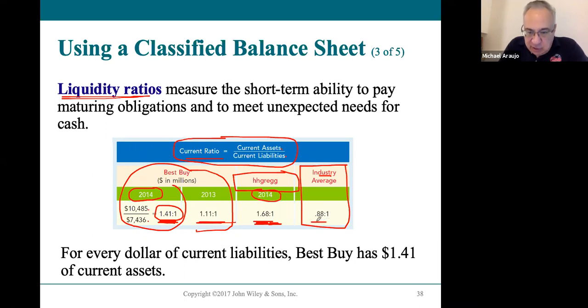Well, it's not good, because in this case, it's 0.88 to 1, which means that they only have 88 cents of current assets to cover every dollar of current liabilities. Because remember, the first number is current assets. The second number is current liabilities. We're just simplifying it to the dollar here. So 88 cents of current assets to every dollar current liabilities means that the industry is stressed. They have significant liquidity issues to address.